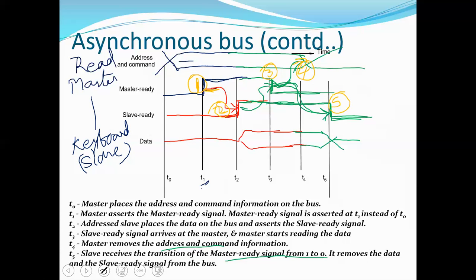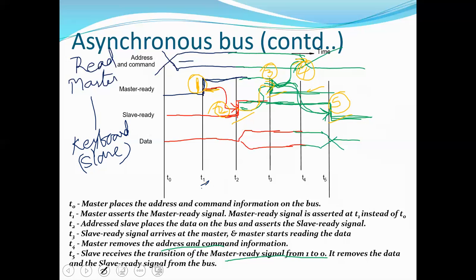Each and every task here happens by handshaking, based on the information received in the previous clock cycle. The next task is due to that previous operation, and that's the asynchronous transfer.